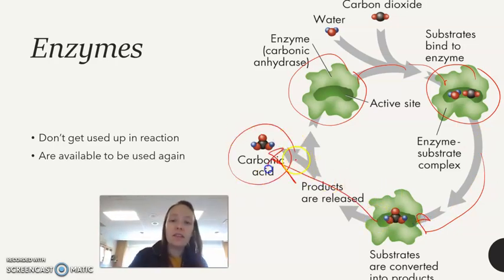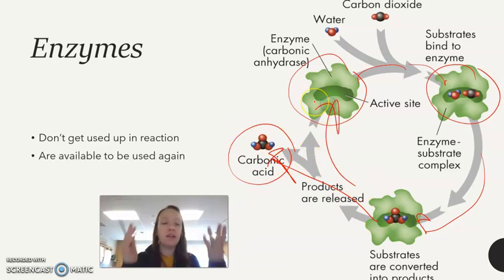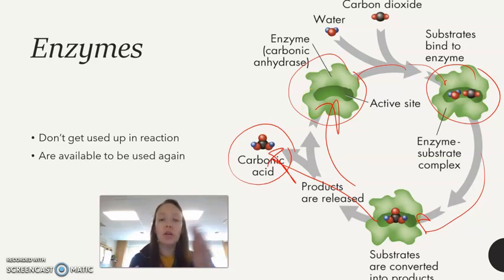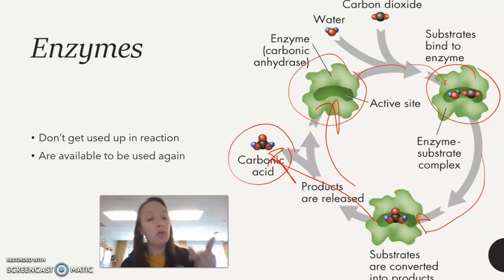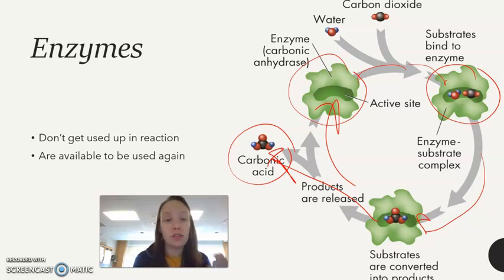The carbonic acid is released, and then now we have an enzyme that we can use again. So it's really nice that we have the ability with an enzyme to just continue to use it. So it's really effective in being able to help catalyze or speed up reactions in our bodies.